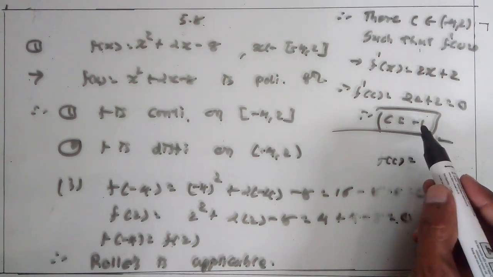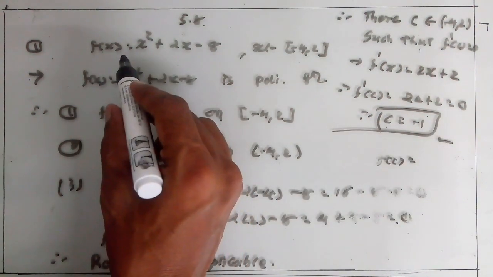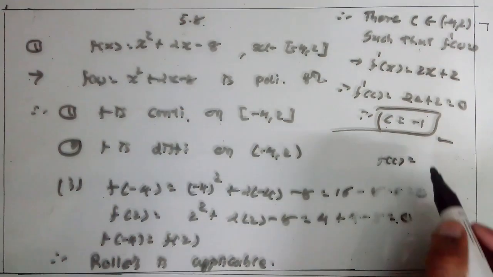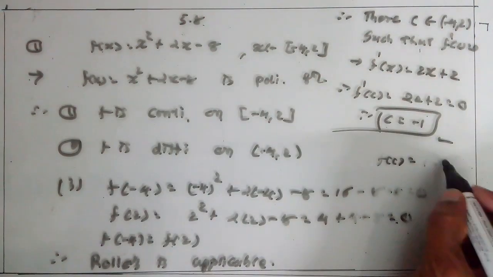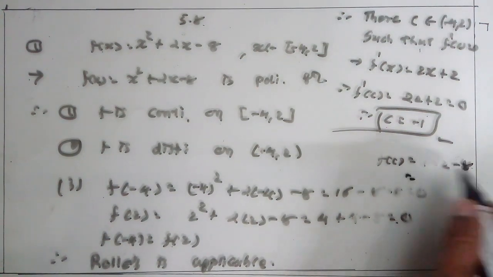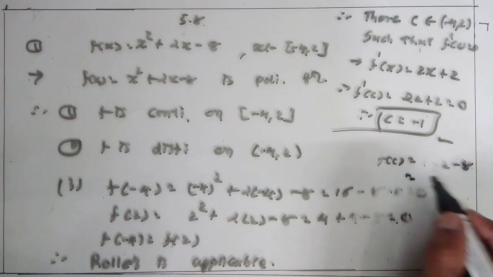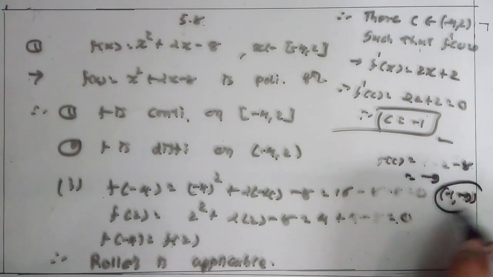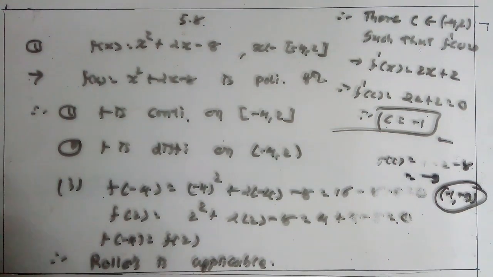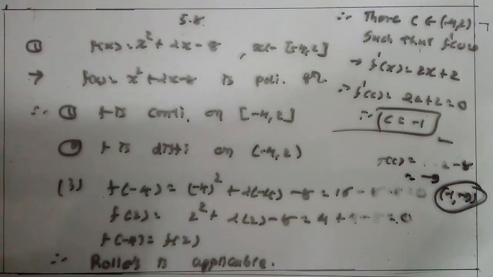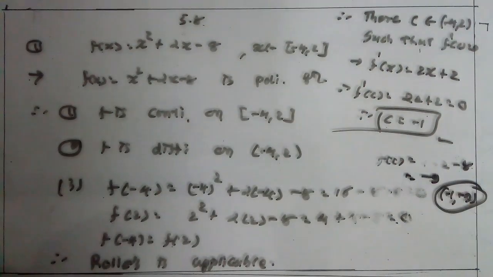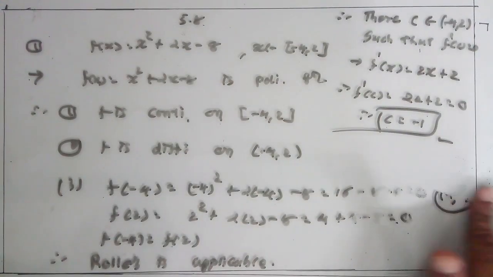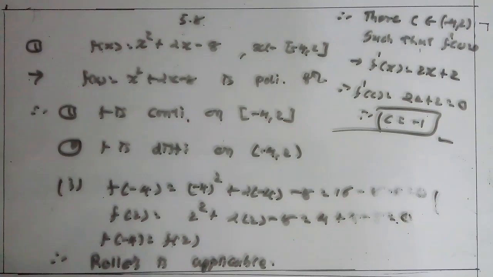Replacing c by -1 in f(x), we get 1 - 2 - 8, which becomes -9. So (-1, -9) is the point on the curve where the tangent is parallel to the x-axis. Clear? Here, in this case, we find only c.